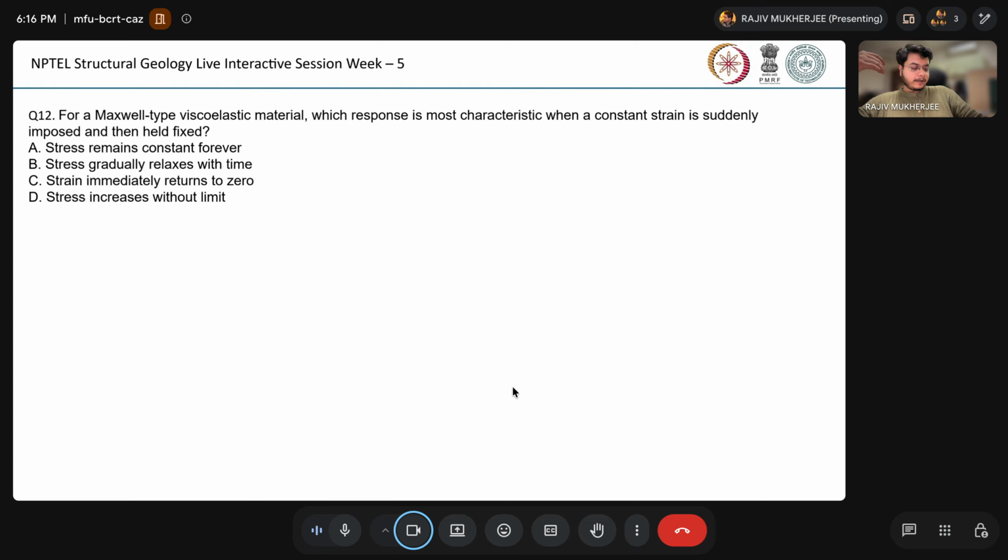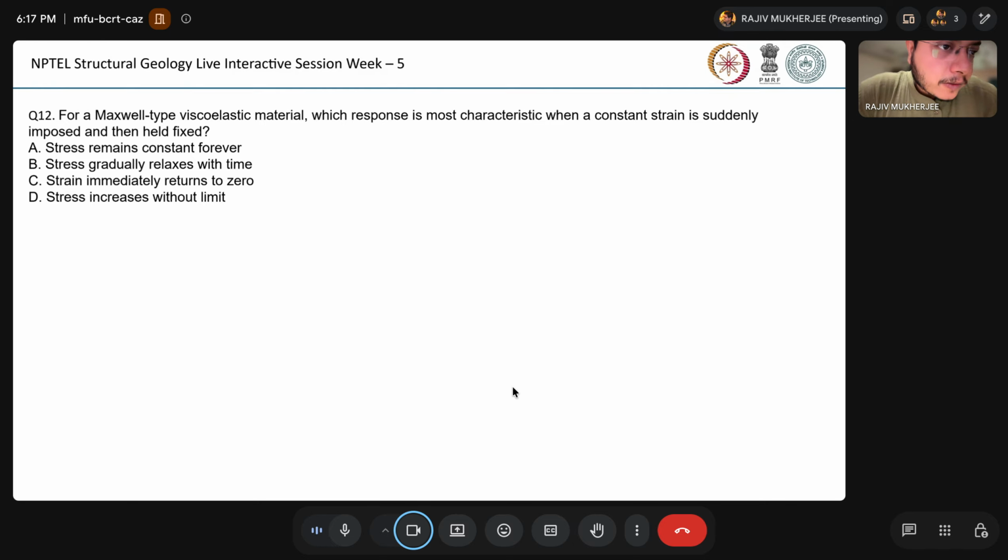It is talking about an impact followed by held fixed, which means you are adding an impact strain and then holding that strain constant.